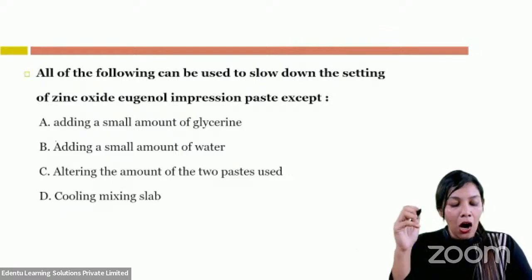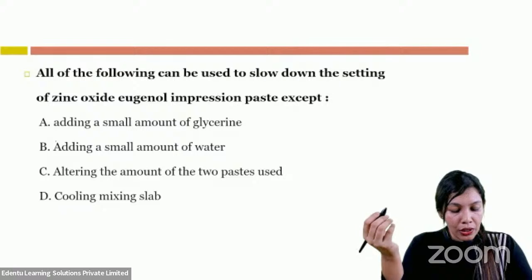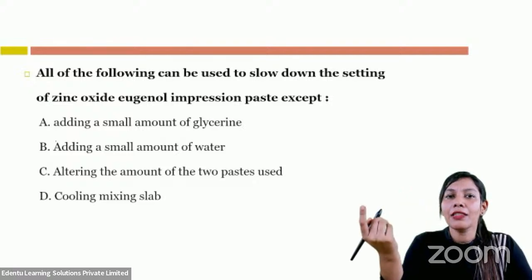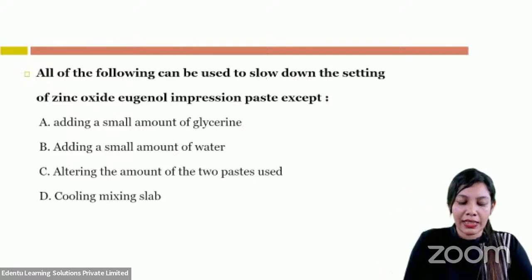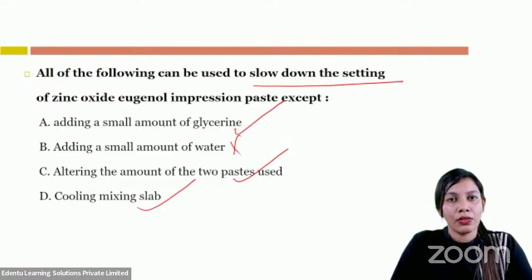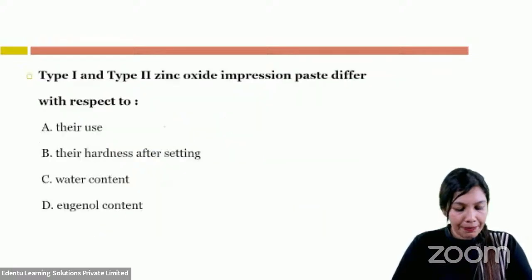Three is altering the amount of toothpaste used, and adding a small amount of water. We have never explained that adding a small amount of water can slow down the setting reaction. This is right, this is right, this is right. So adding water is the answer. That is why I said the things that accelerate and those which slow down the setting reaction need to be memorized.